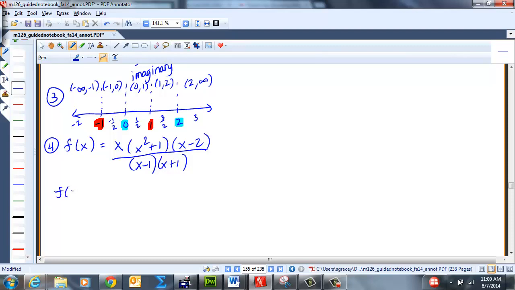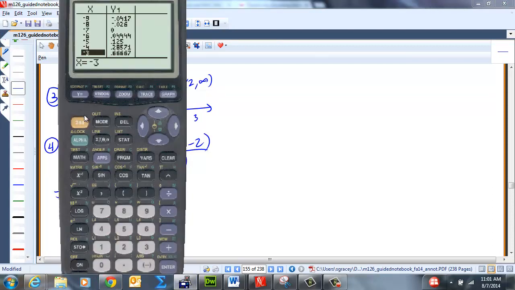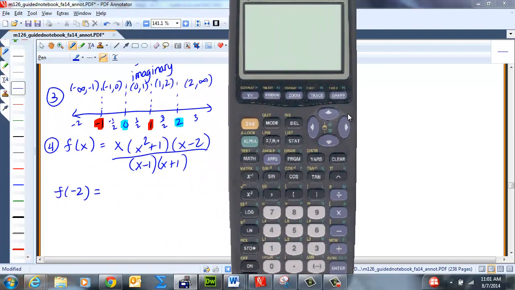So f at -2 will be: parentheses, -2 times (-2 squared plus 1). That's one quantity there.